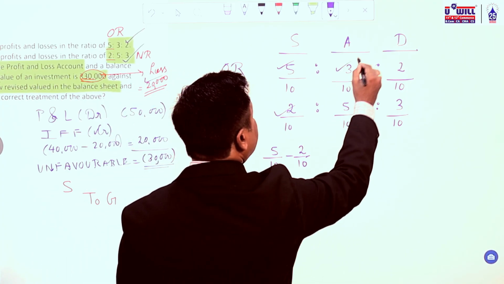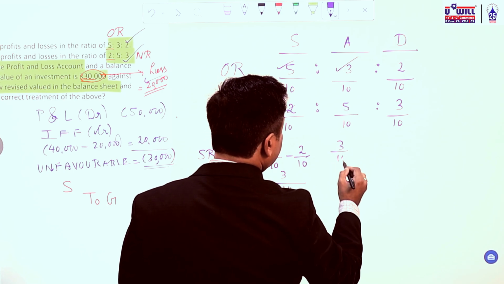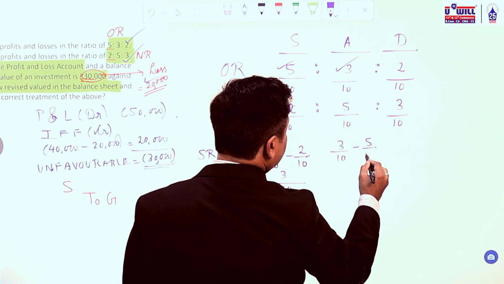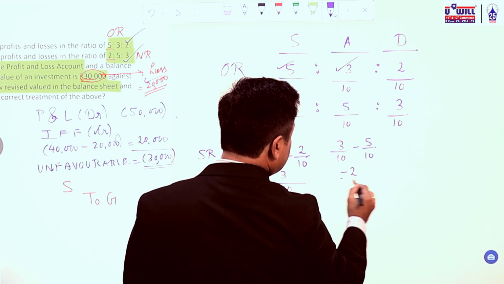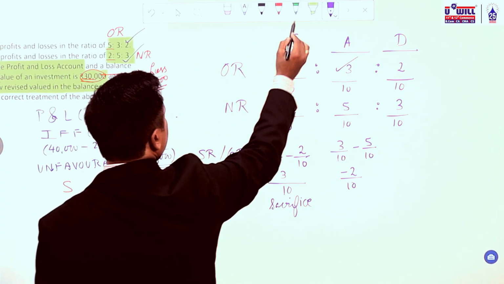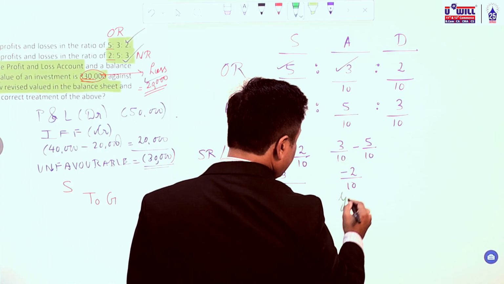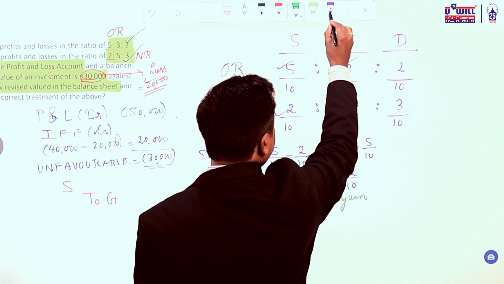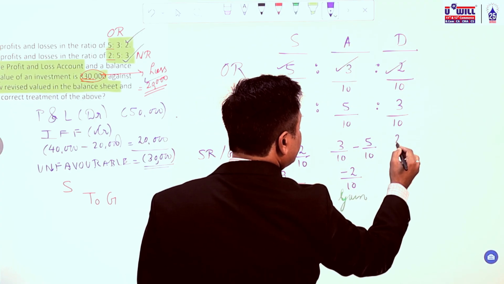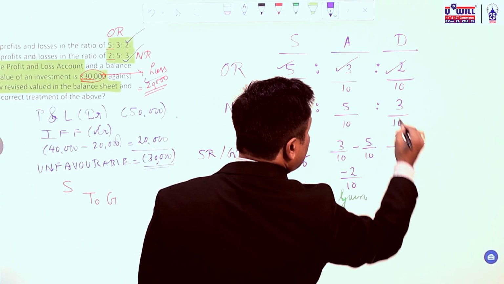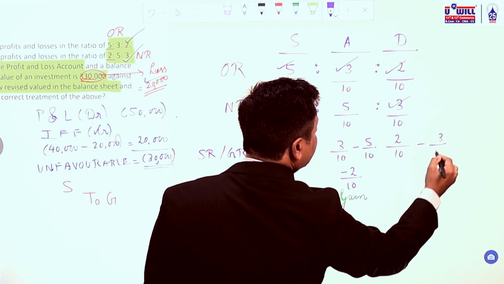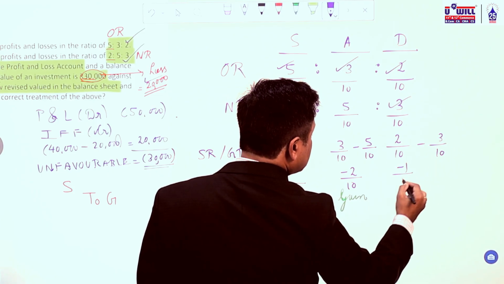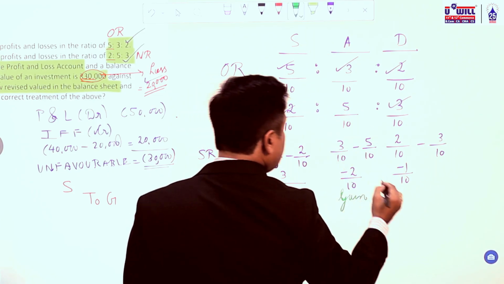Then 3 by 10 minus 5 by 10, 3 minus 5 is minus 2 by 10, negative means it is gain. Then 2 by 10 minus 3 by 10, again 2 minus 3 is minus 1 by 10, negative means it is gain.